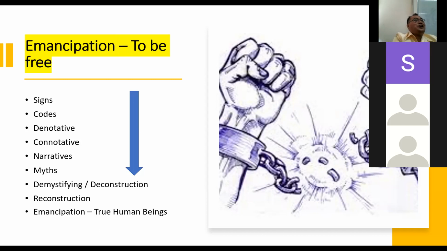We try to reimagine something that we are happy about. Above all, it is for us to be a true human being, to understand the construction, in order to reorganize the signs, to make our life better.